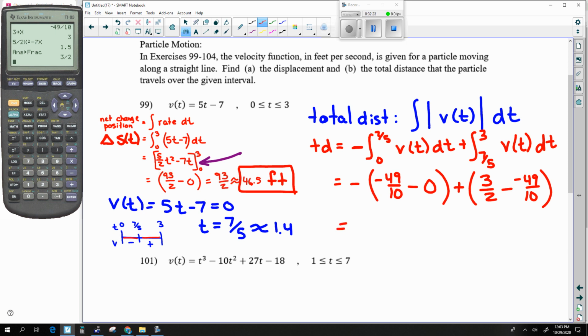So this total distance is going to be 49 over 10 positive plus 3 over 2 plus 49 over 10, 113 over 10. That tells me that I probably did this first bit wrong.